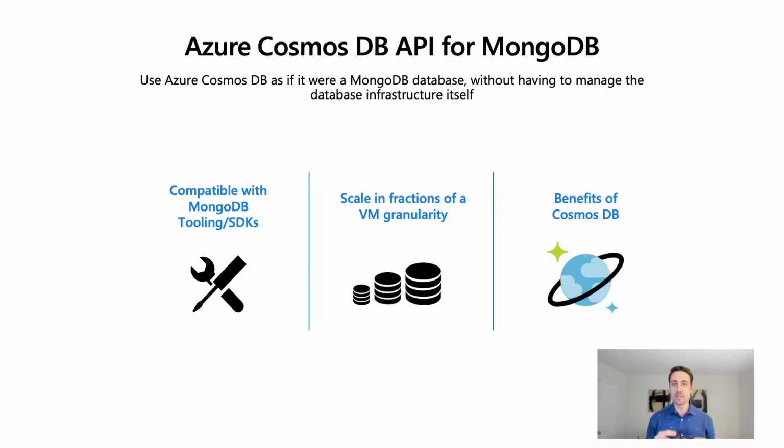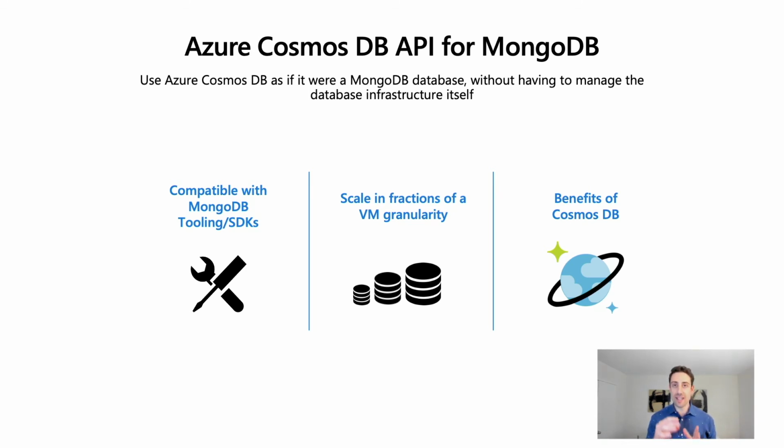Diving in a bit deeper into that, let's talk about Azure Cosmos DB API for MongoDB. Essentially, this API exposes Azure Cosmos DB as if it were a real MongoDB database, without you having to manage all the infrastructure yourself. That means that the MongoDB tooling that you've interacted with in the past is all compatible with Azure Cosmos DB. So you can keep using the same tools and same APIs you were using before.